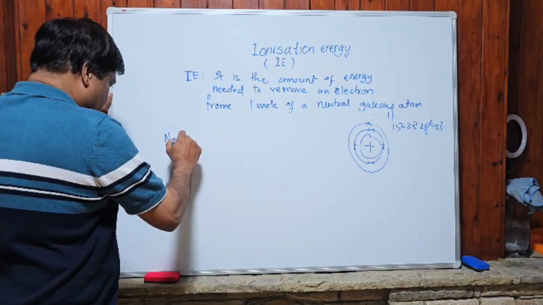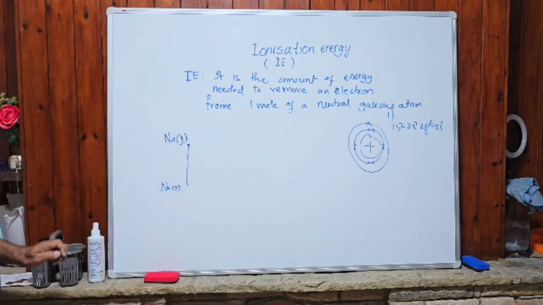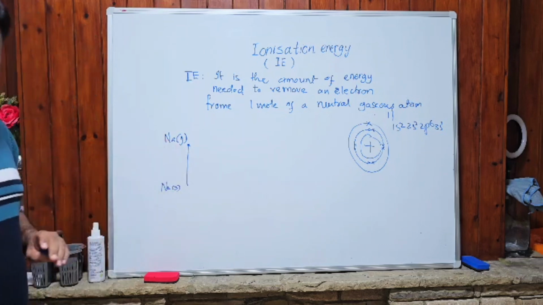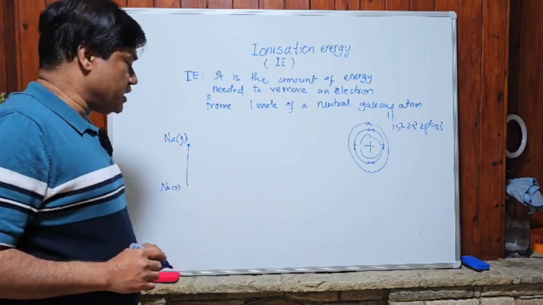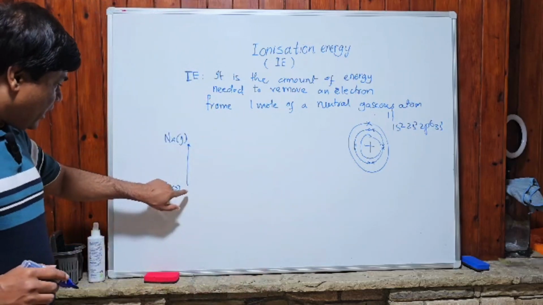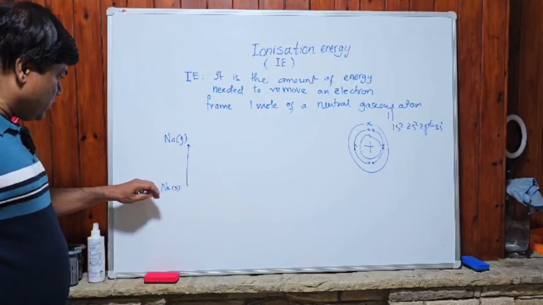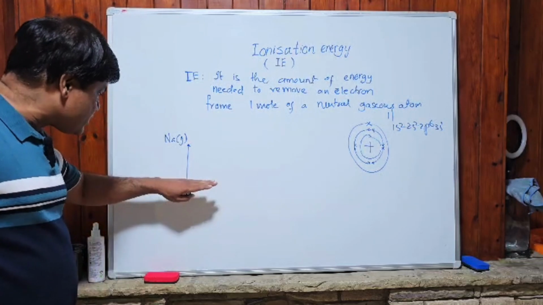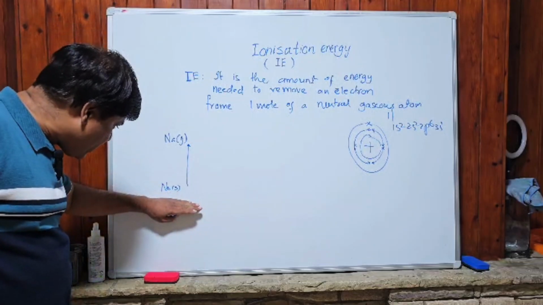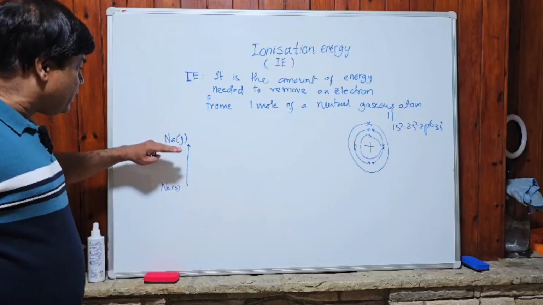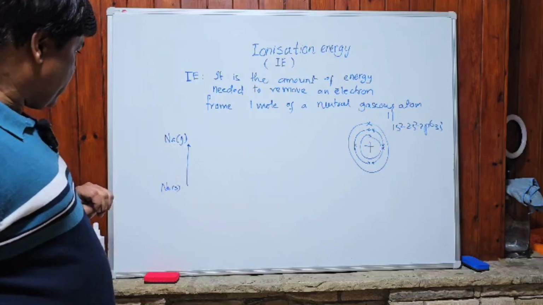Na gas. This state, conversion of the solid form to gaseous form, is called sublimation. Sublimation is a physical process where the solid form of metal or non-metal, anything, is converted into gaseous form.